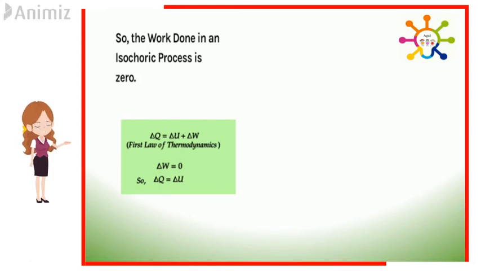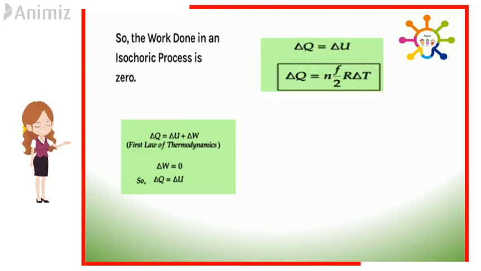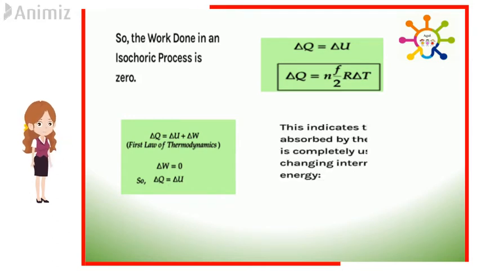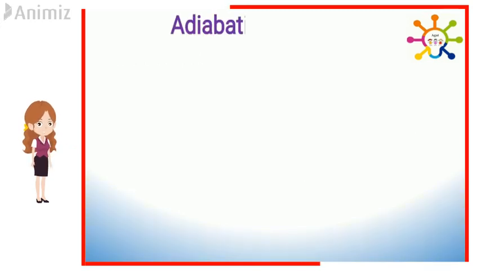So, from the first law of thermodynamics, del Q is equal to del U plus del W. Therefore, del W equal to 0, so del Q equal to del U for isochoric process. In another way, we can say del Q is equal to n into f by 2 into R into del T. This indicates that heat absorbed by the system is completely used in changing the internal energy.